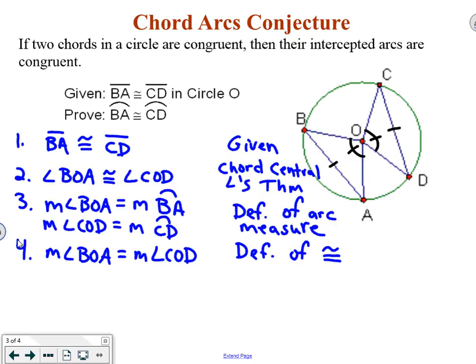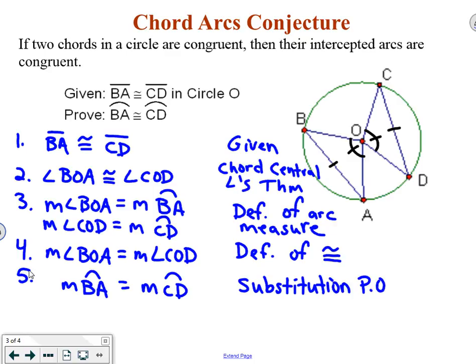This will allow us to take the information in step 3 and substitute it into step 4. So the measure of angle BOA from step 3 equals the measure of arc BA, and the measure of angle COD equals the measure of arc CD. Substitution property of equality. So we finish off arc BA congruent to arc CD, definition of congruence.